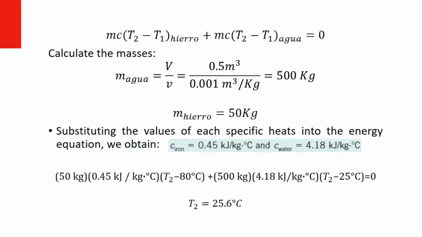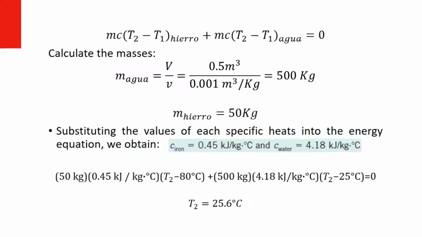The specific heat of iron is 0.45 kilojoules per kilogram per Celsius degree, and the specific heat of water is 4.18 kilojoules per kilogram per Celsius degree.